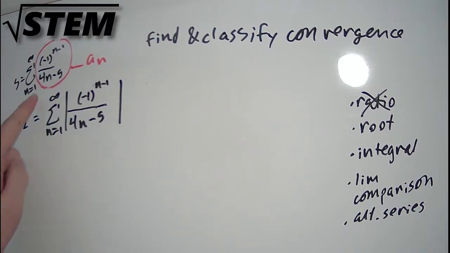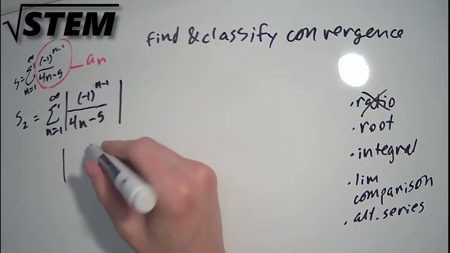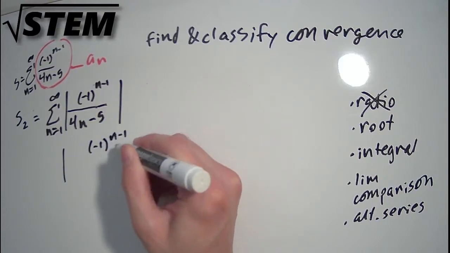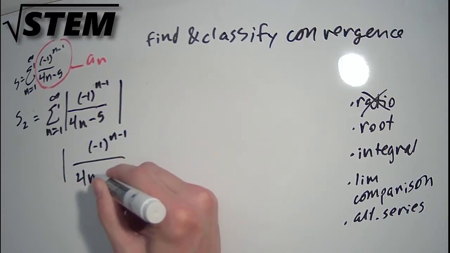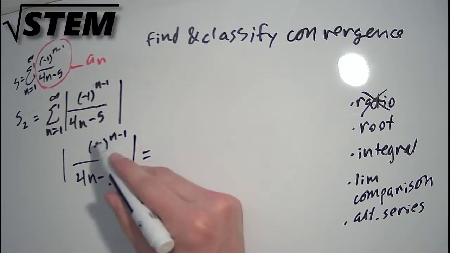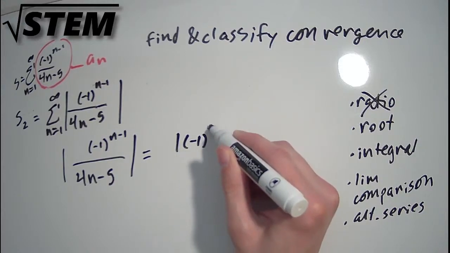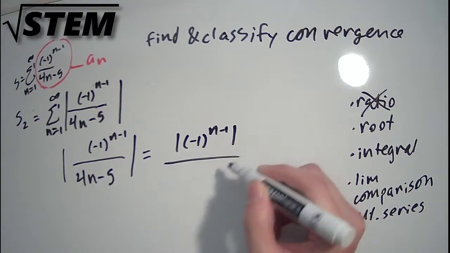So the absolute value of an, I'm just going to try to simplify that off to the side here. The negative 1 to whatever power will just become a 1.